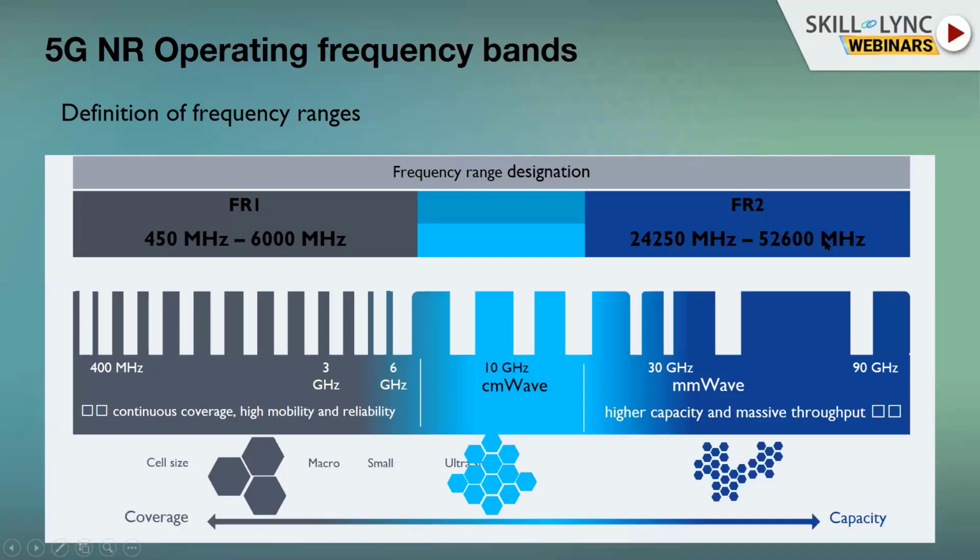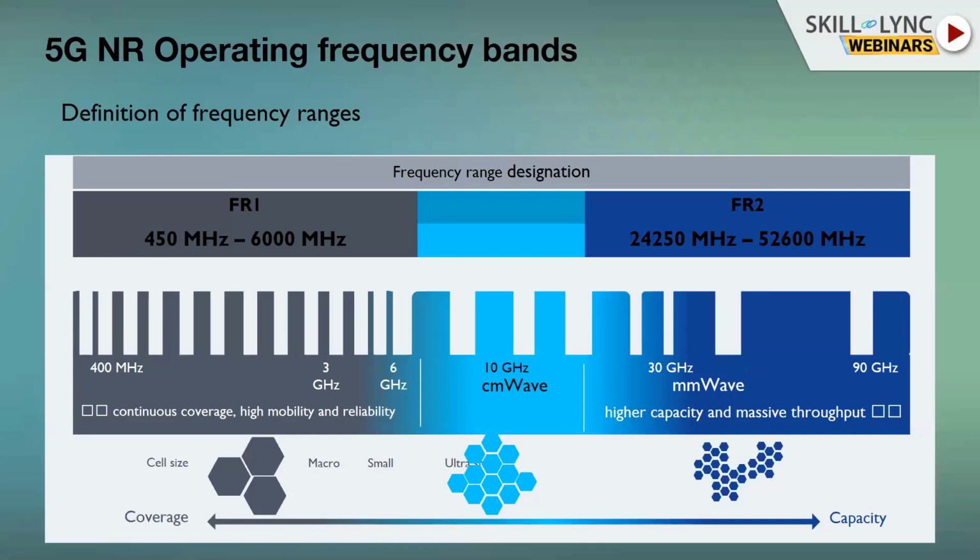So the frequency ranges in which NR can operate in release 15 are identified as depicted in the table on the slide. So two types, we have FR1 and FR2.